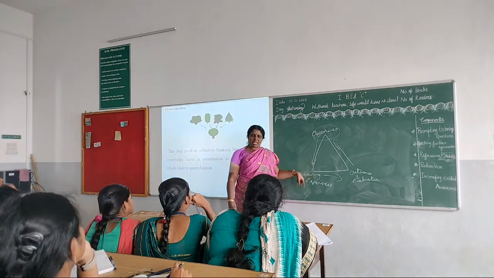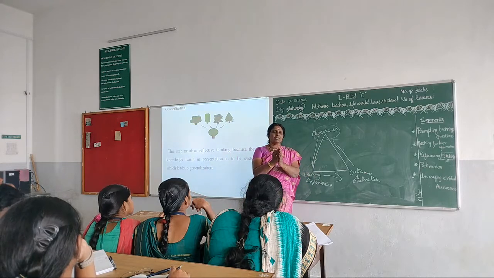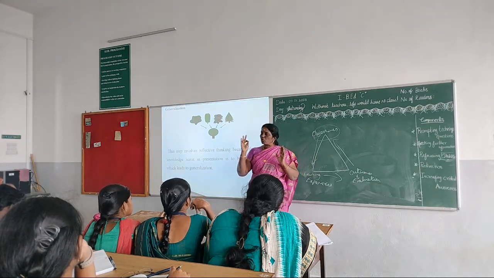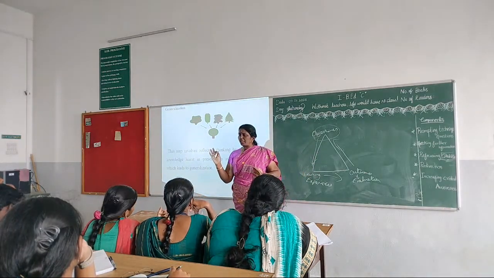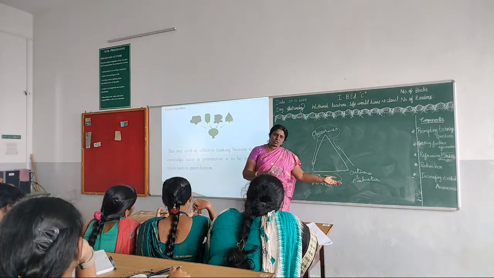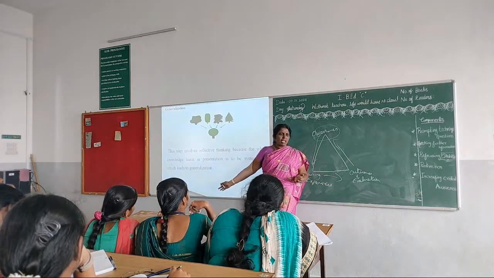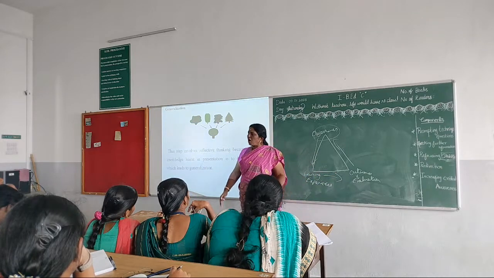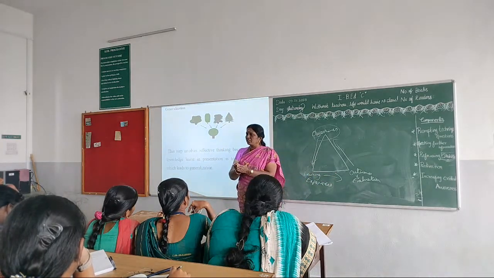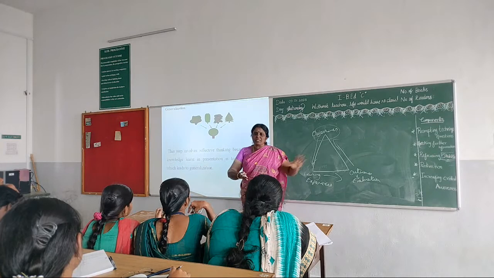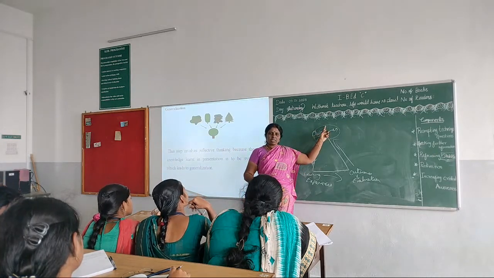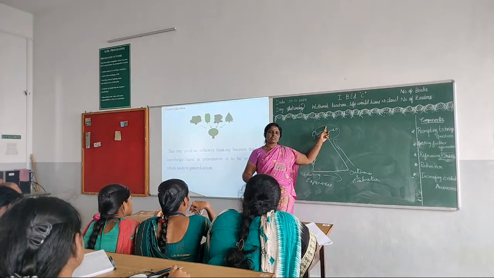All these learning experiences should be concluded. You can show the teaching aids, use blackboards, PPTs, and some illustrations. All these should be concluded, generalized, and related to the objectives.